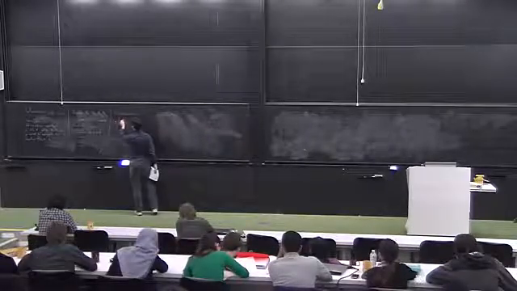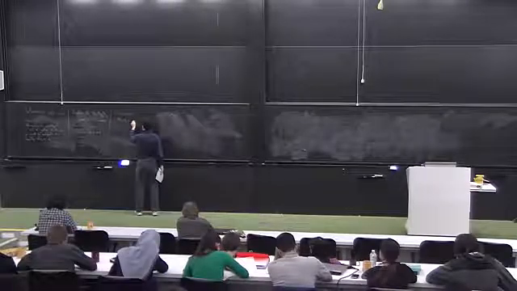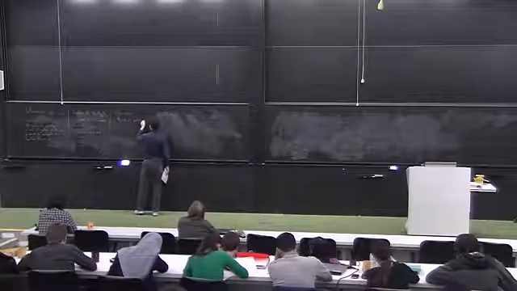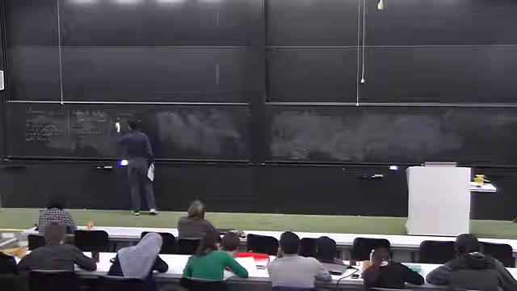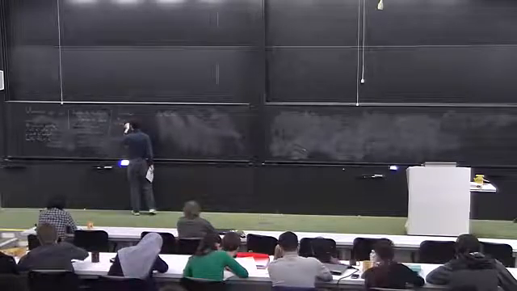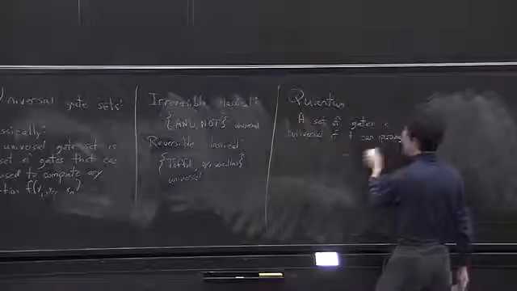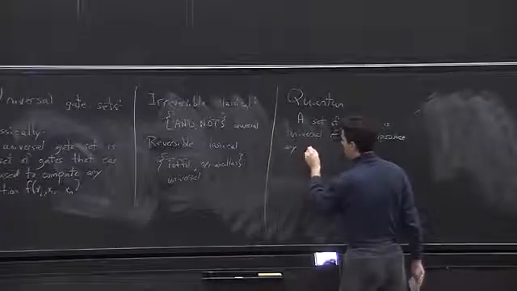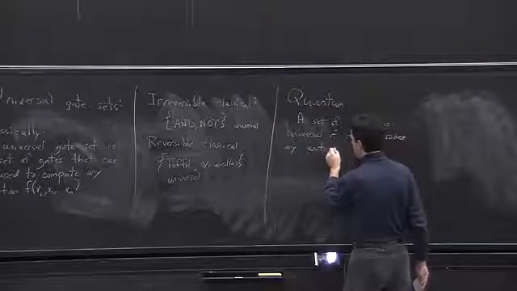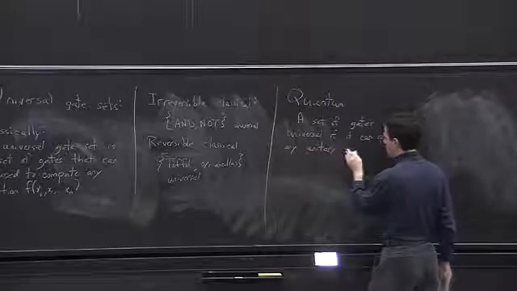So in the quantum case, a set of gates is universal if it can produce any unitary gate, any unitary operation.